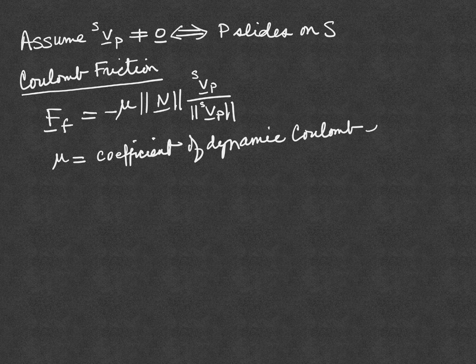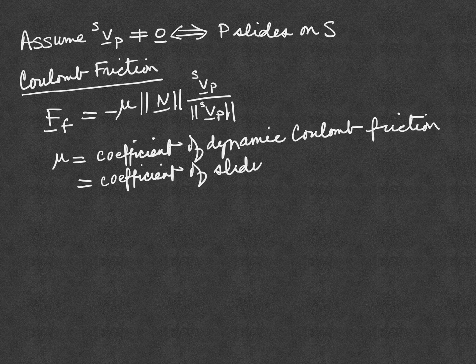And the reason it's called dynamic Coulomb friction is because the velocity of P relative to S is not equal to 0, which means P is sliding on S. So it's also called the coefficient of sliding friction.